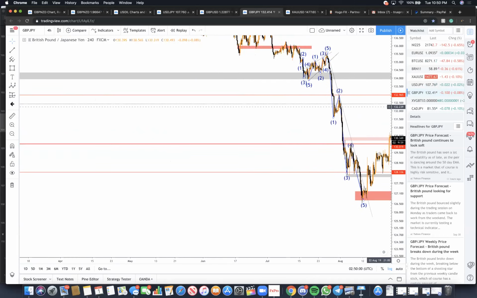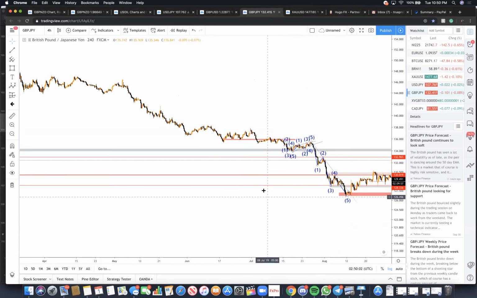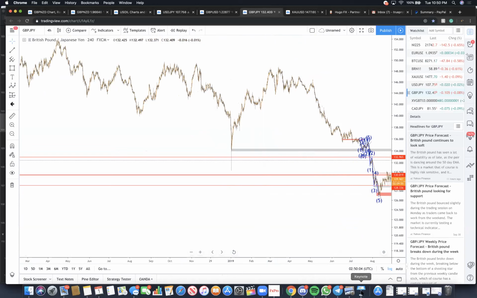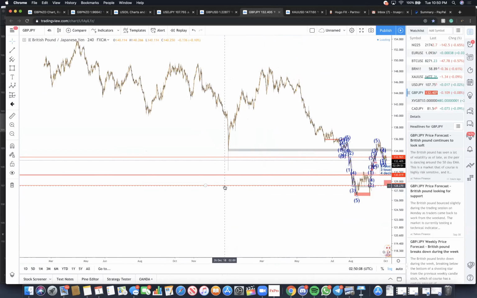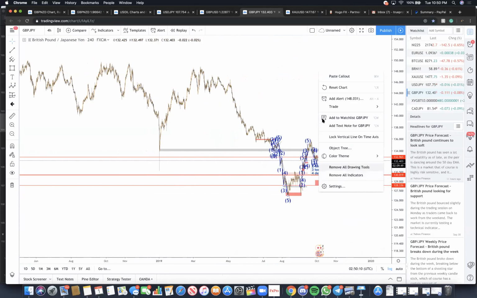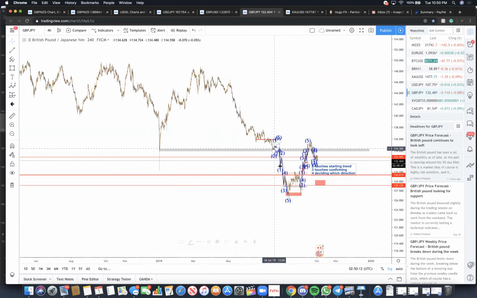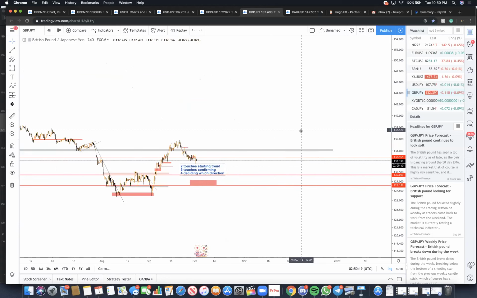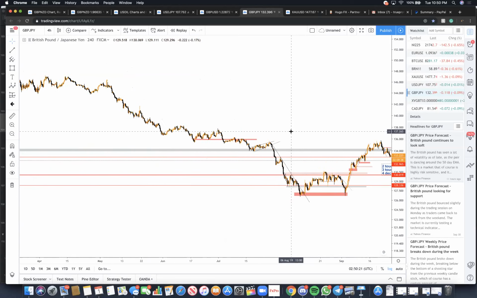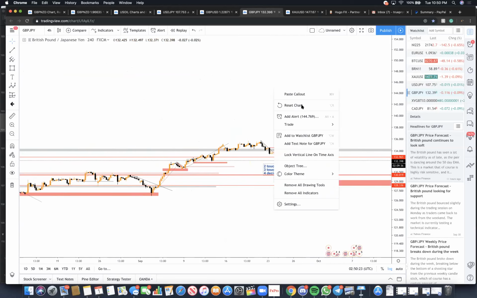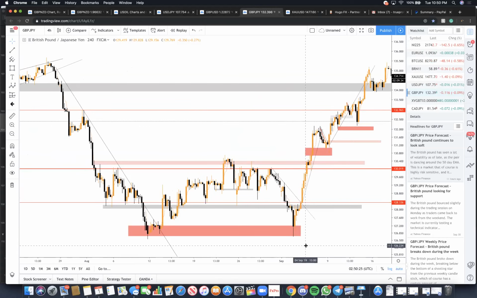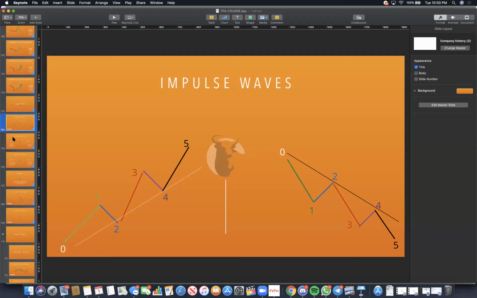Perfect. So let's go ahead and open up the chats real quick so that I see what you guys are. Actually, before, let me delete some of this. Before I forget about talking about this, after we identify those 5 waves, right? You have what's called the correction waves.